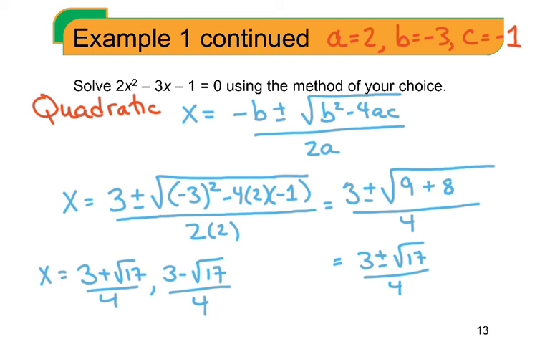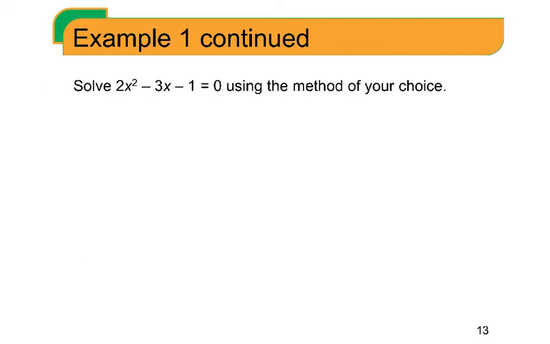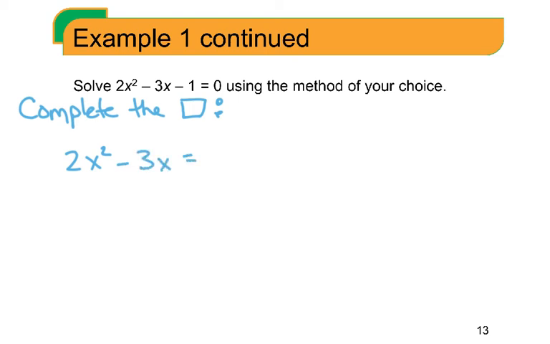Let's see what would have happened. Let's at least start. Complete the square. So we have 2x squared minus 3x equals 1. That's the starting point.